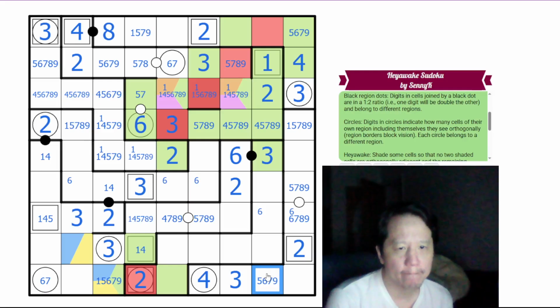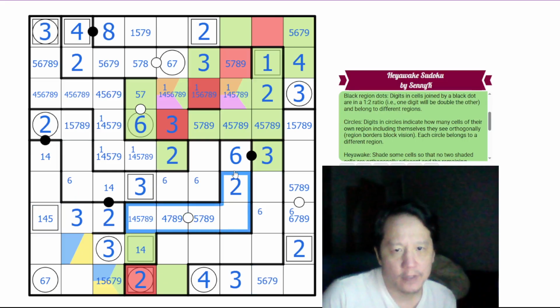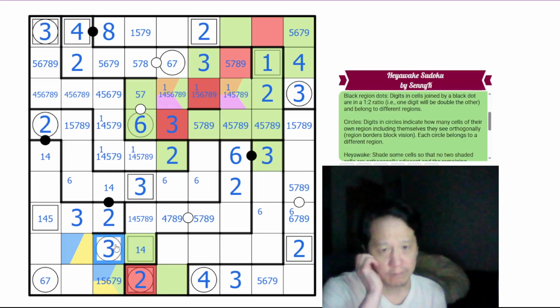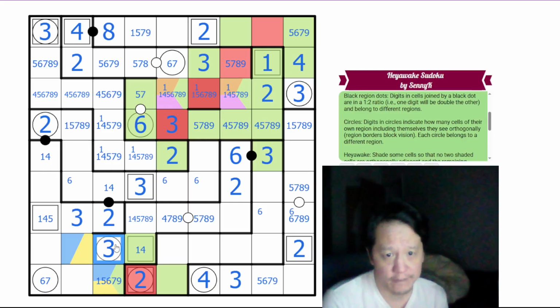This digit here cannot be here for this region, but it could be here, or it could be either of these two. That seems fine.